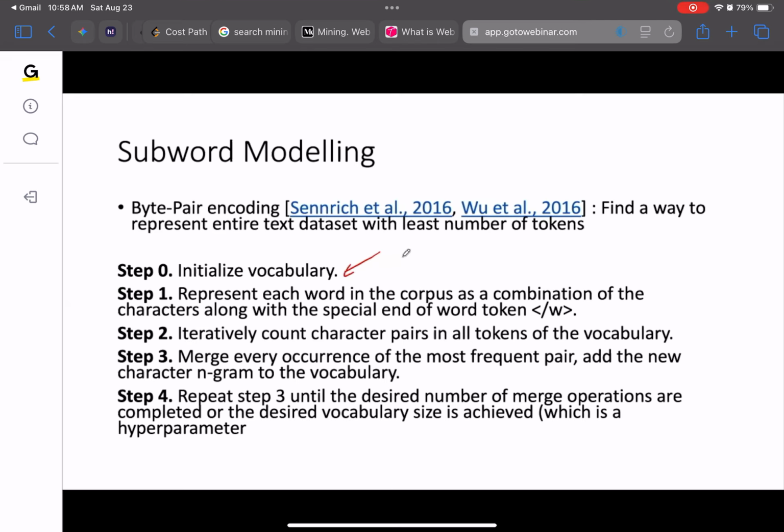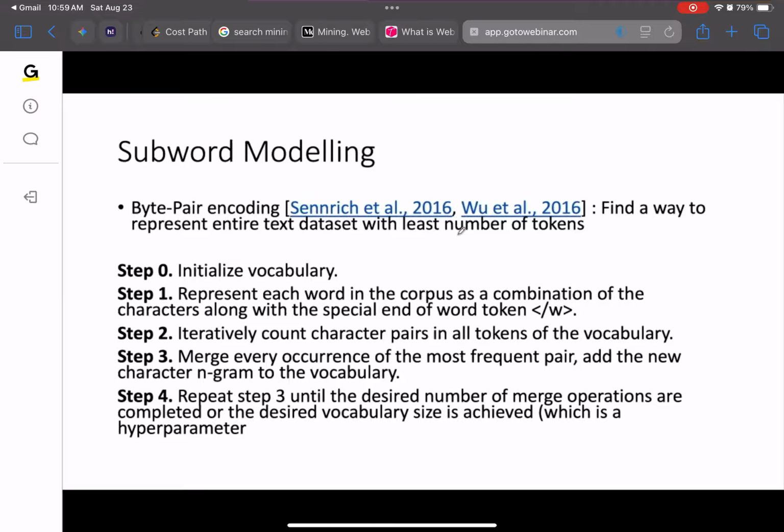Then we try to represent each word in the corpus. Now all the words that exist in the corpus, or the text data that we have, we represent as a combination of these characters along with a special end-of-word token.